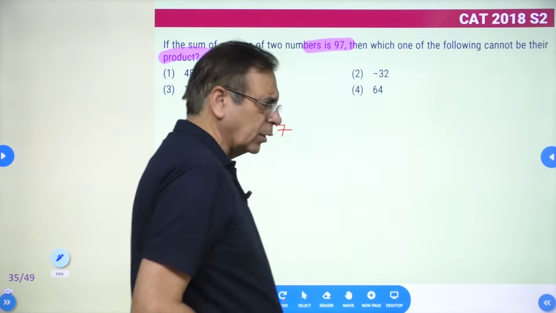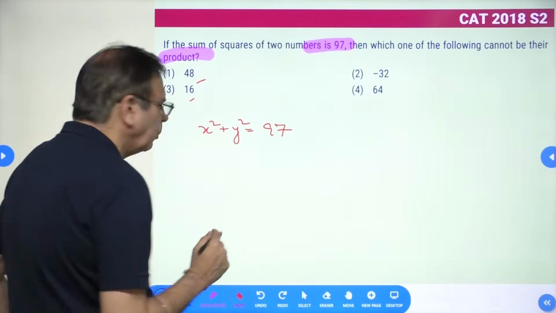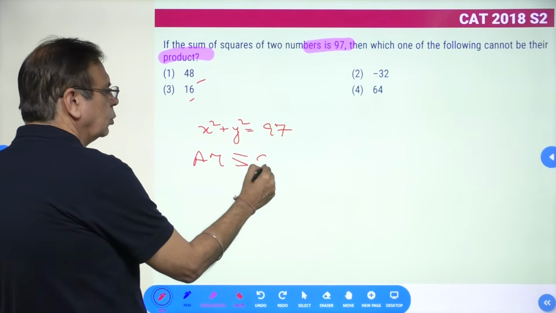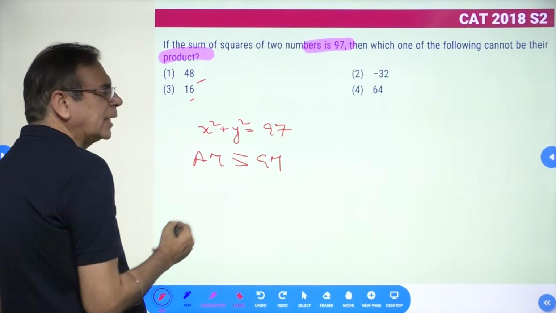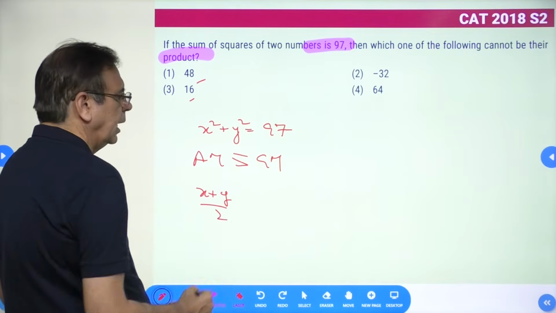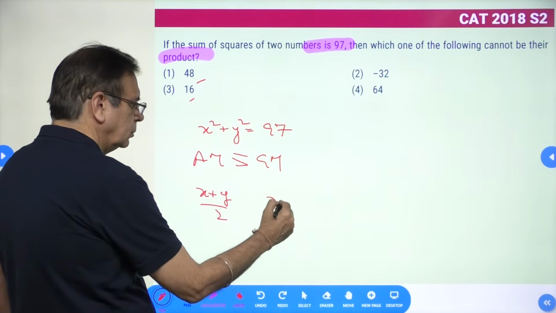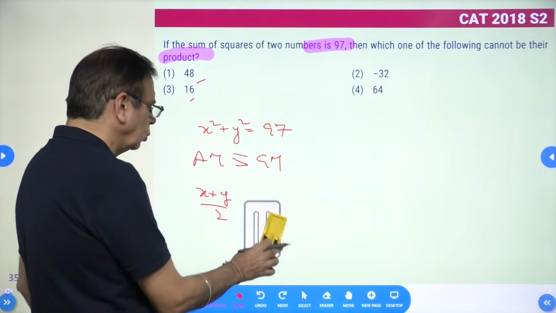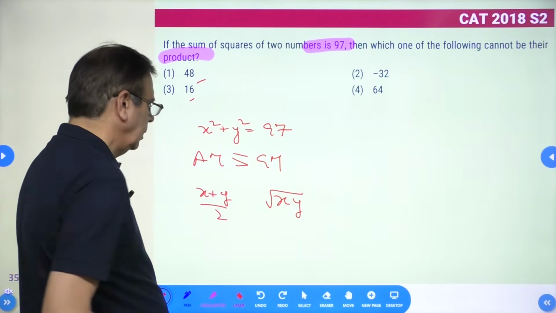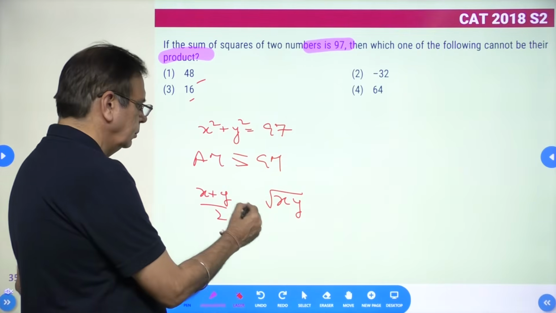But before we go to this, इसको दो तीन तरीके होते हैं करने के. Most people do it by saying arithmetic mean is greater than or equal to geometric mean. What is arithmetic mean of x and y? And geometric mean? Geometric mean is under root of xy. Okay.